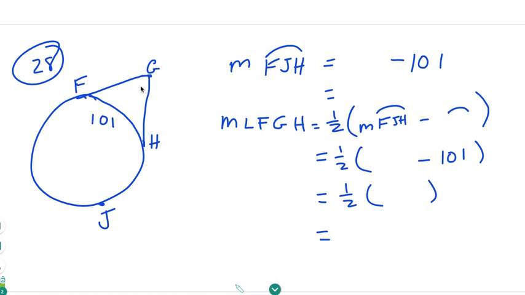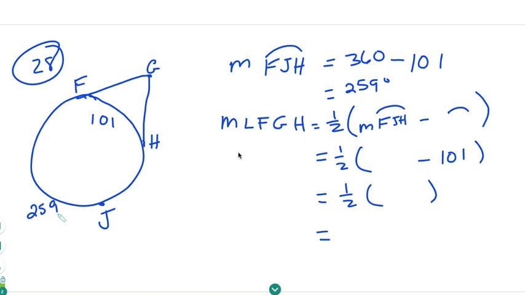So in order to find this angle, we need to have these two arcs so that we can subtract them. So for me to find the arc FJH, I'm going to need to take 360 and subtract it, and that's going to give me 259. So now I have this arc of 259.